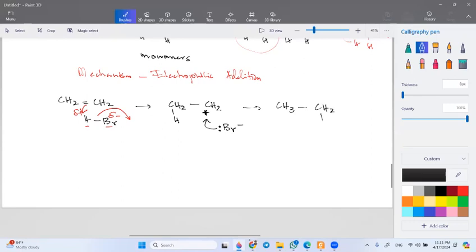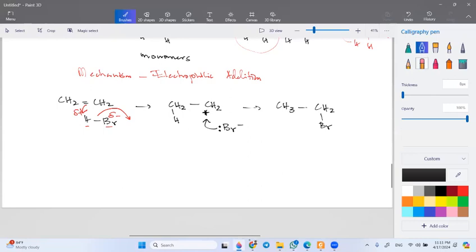So bromine is attached to this place. Those are the important steps. You have to show the polarity, delta minus and delta plus, and put the arrow from the double bond and towards Br also. Then Br minus with a lone pair of electrons hits that carbon. This is what we call electrophilic addition.